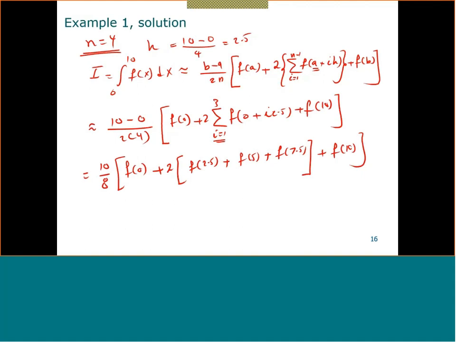Now if you do this, you will find this is equal to 31.46. Now you start to see that the change in the function gets smaller and smaller, which we expect because now we are increasing the number of segments.